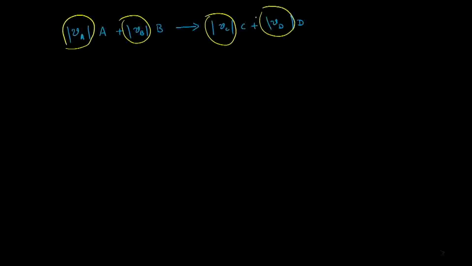So for example, if I have nu A moles of A plus nu B moles of B reacting to give nu C moles of C and nu D moles of D, then we call each of these quantities nu A, nu B, nu C, and nu D the stoichiometric numbers.